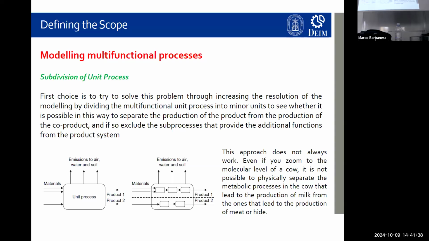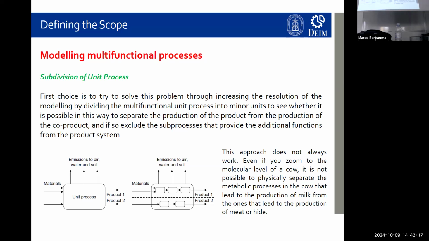But in the last lesson, we said that this kind of strategy can be applied only in a few cases, because it is not simple to apply in all cases, because for example, in the case of milk production, we have a problem about the division into subunit processes, for example, the phase of animal husbandry.